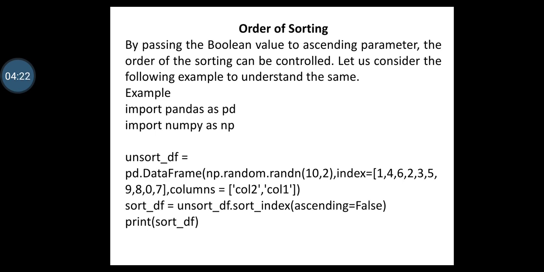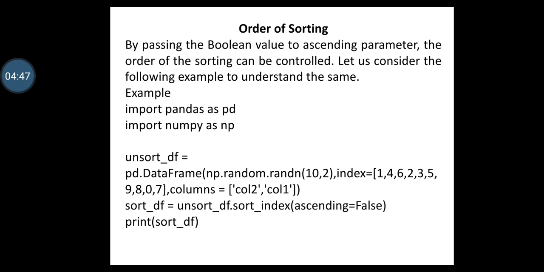And if we put the ascending is equal to true Boolean value, then the data is sorted in ascending order, and vice versa for descending order. By passing the Boolean values to the ascending parameter, the order of the sorting can be controlled.